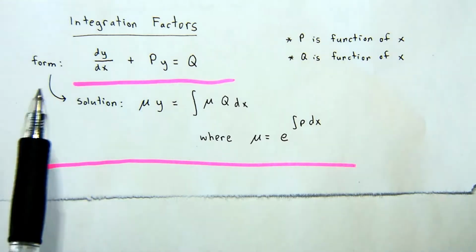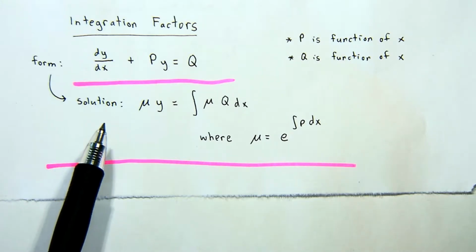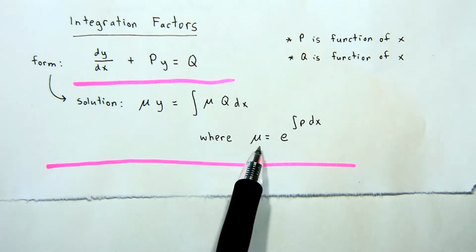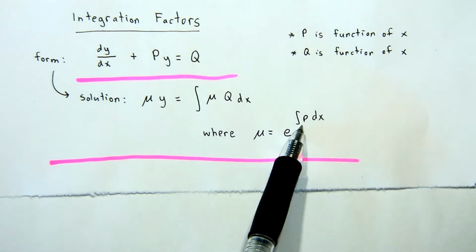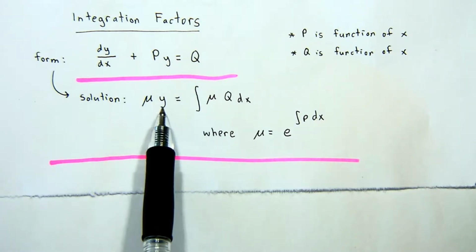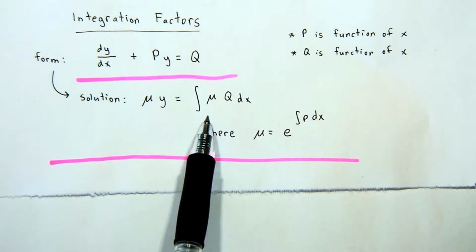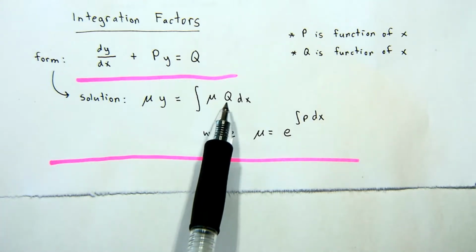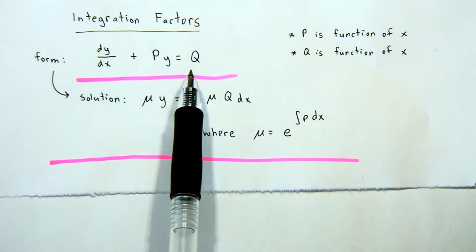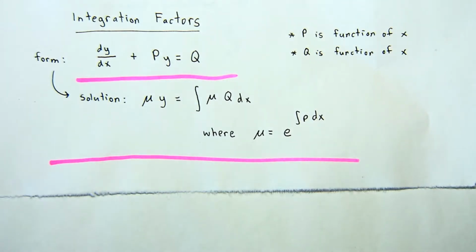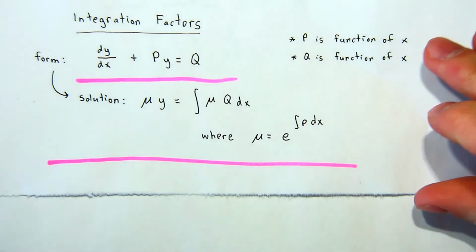In that case, the solution to the differential equation will be mu, which is equal to e to the integral of p dx, where p comes from the form. So the solution is mu times y is equal to the integral of mu times q, which comes from our original form, dx. So let's do a problem and we'll use this form as we're solving it.